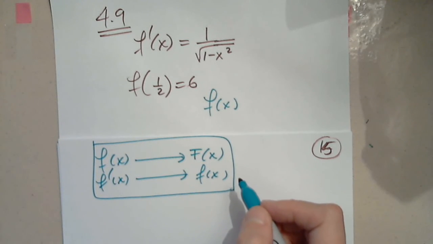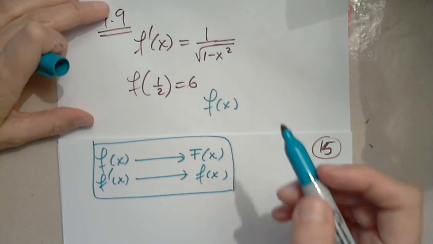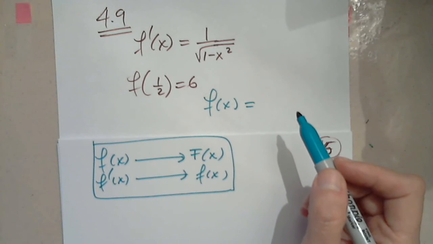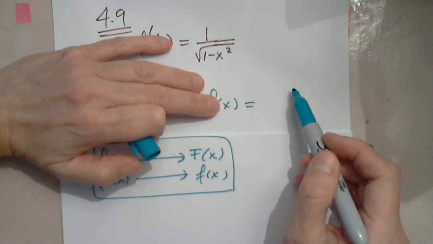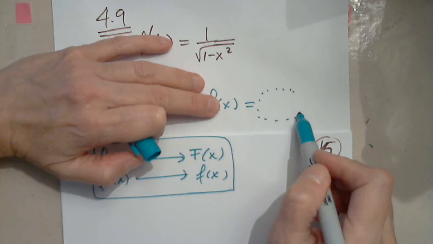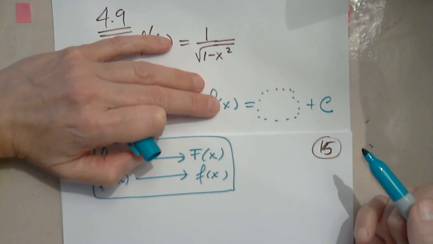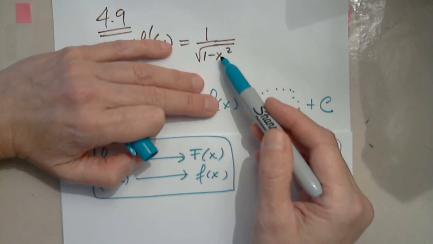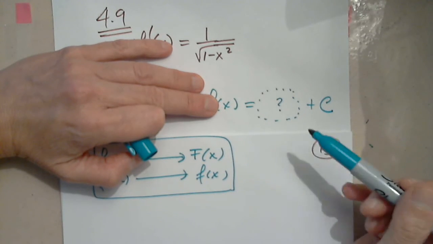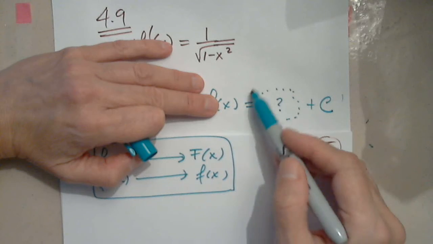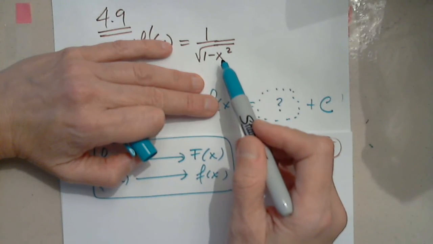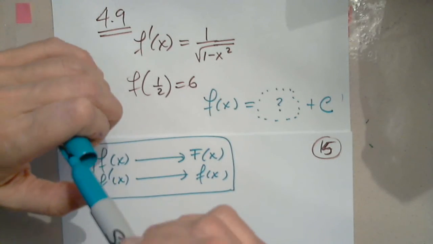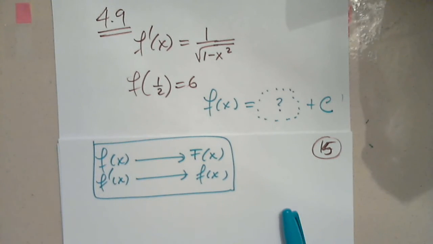Notation for notation purposes. Okay, so now I'm asking myself, what function, of course plus a constant c, will have a derivative that is that? Is there any function that I can think of that when I differentiate, I get that? So let's think for a moment. We've seen this function before.